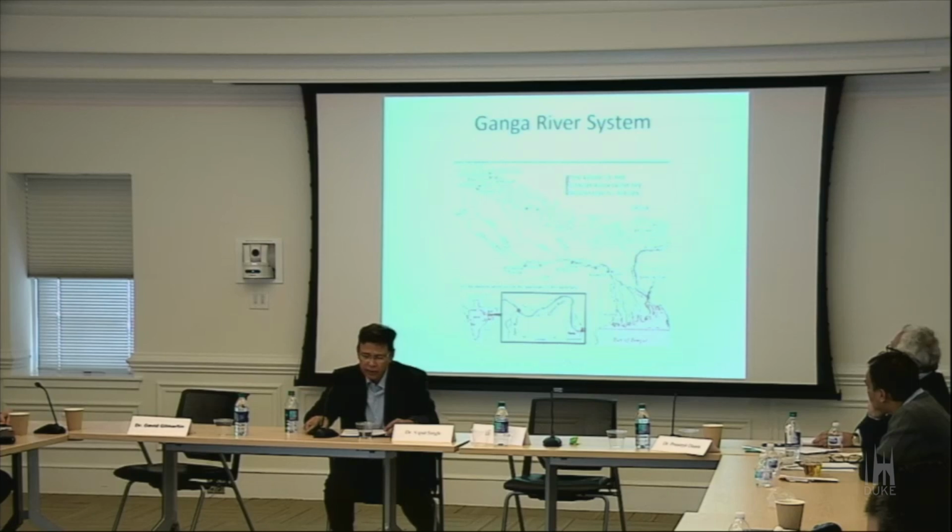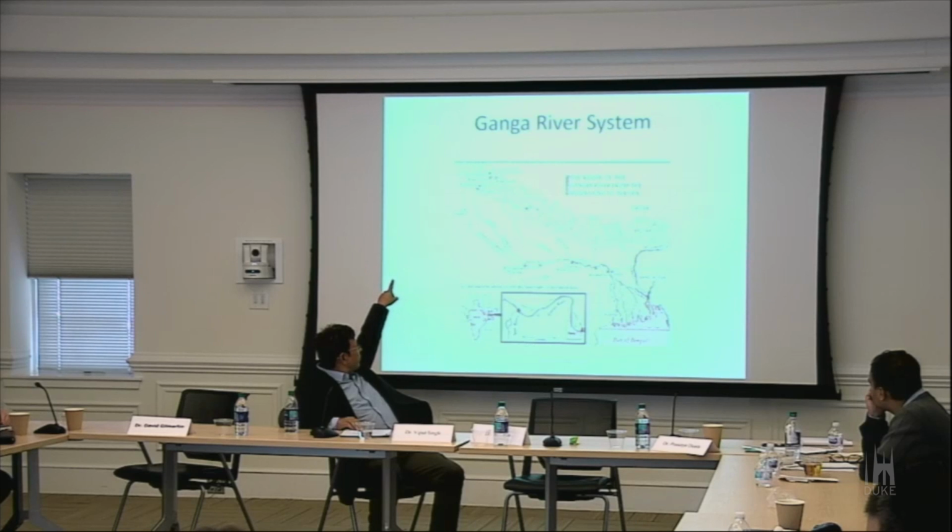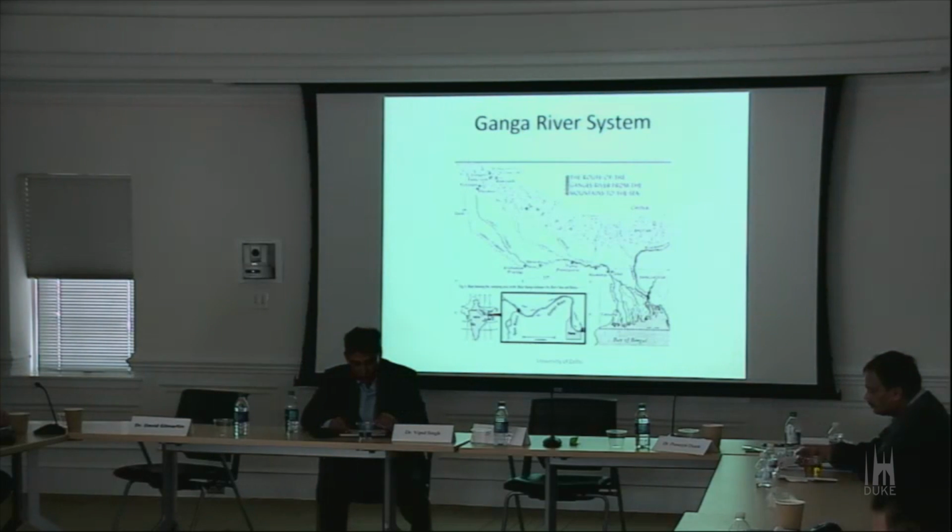So if you look at this picture here, the river Ganga comes from the Himalayas, from Gangotri, and goes down to the Bay of Bengal. It is almost a distance of 2,510 kilometers, with a huge catchment area of some 980,000 square kilometers.